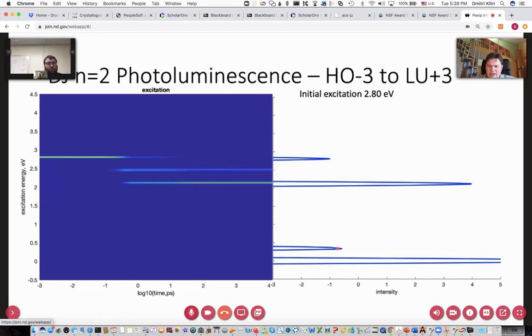As we cascade excitation from the 2.5 electron volt occupation to the lowest, it may go both non-radiative and radiative.